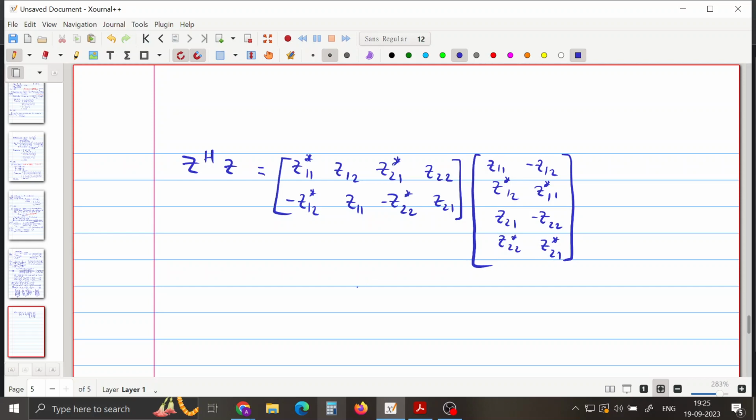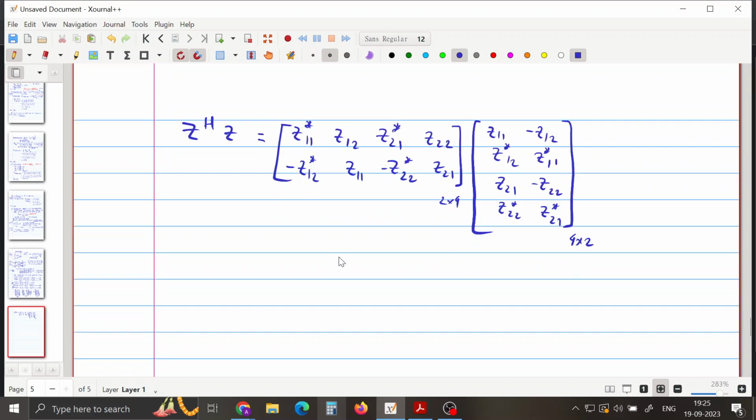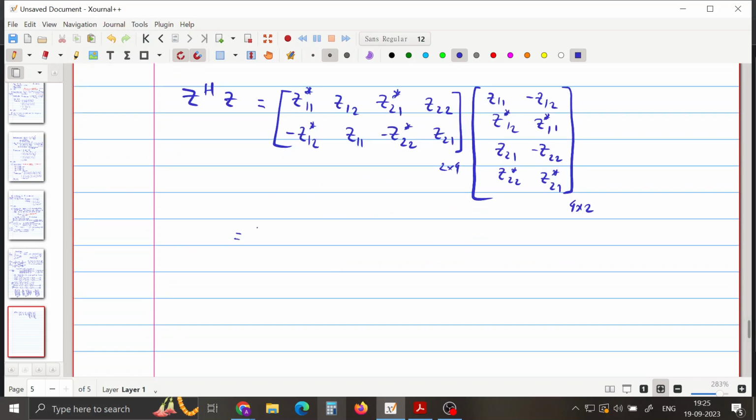Now if you just multiply these two matrices, this is 2 by 4 and this is 4 by 2, the resultant would be 2 by 2, and if you just calculate, you should get something like this. It will be a diagonal matrix, obviously. So the diagonal entries, the non-zero entries, would be the sum of the mod squared.